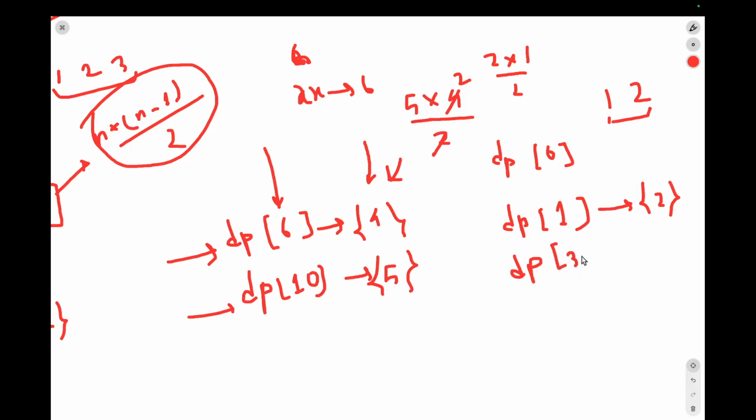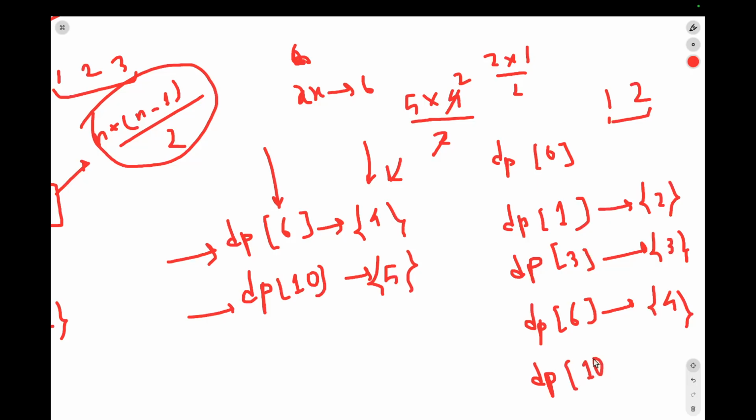that will give us this. So for 4, that is dp of 6, and what is dp of 10, that is simply this, we have found it.